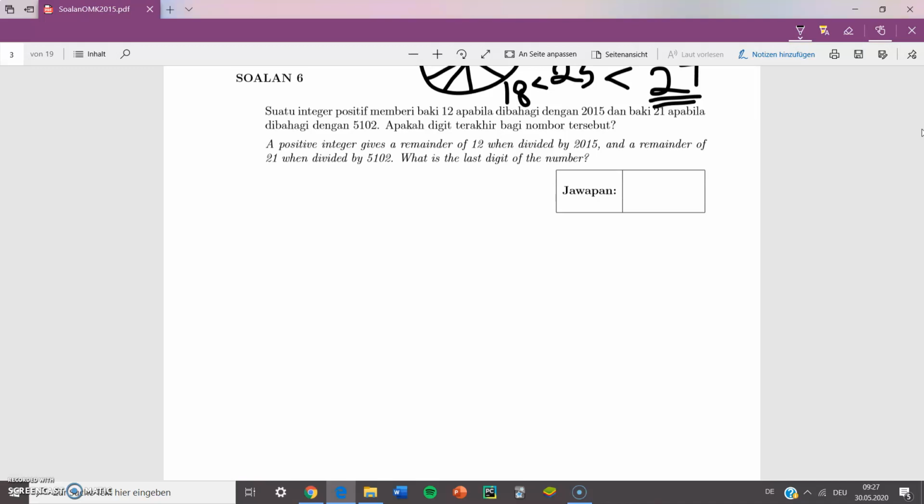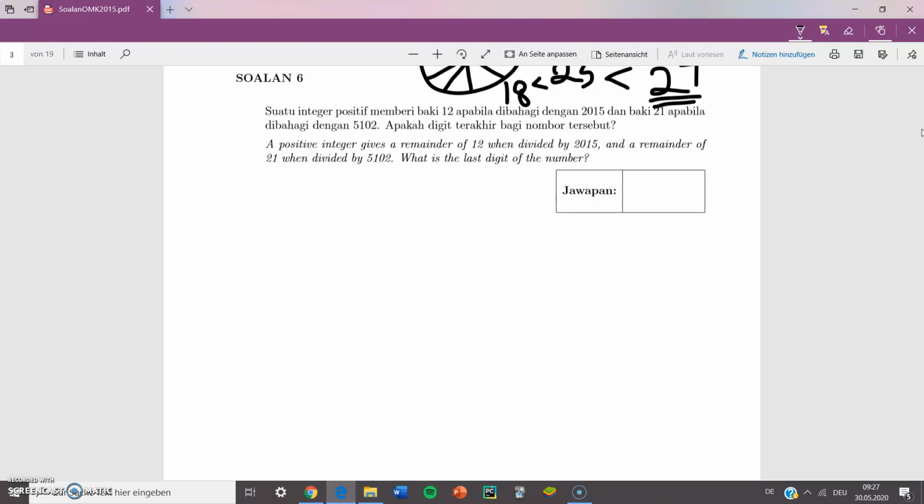A point that I'd like to point out is that many students, when they meet this kind of problem, their first instinct tells them, oh, maybe I should find out what the number is so that I can do this problem.